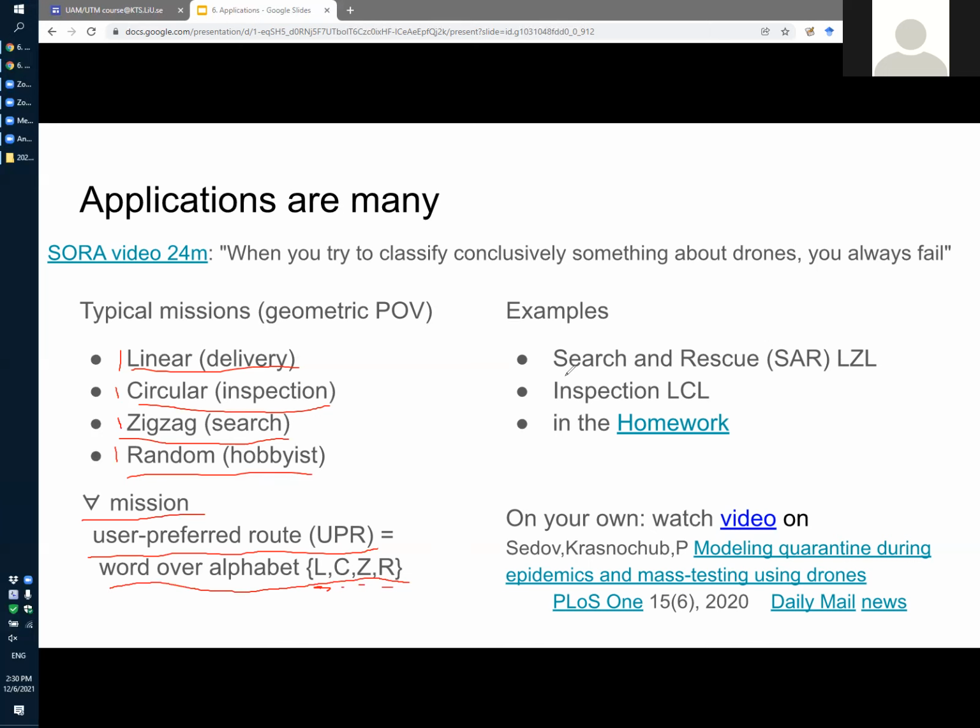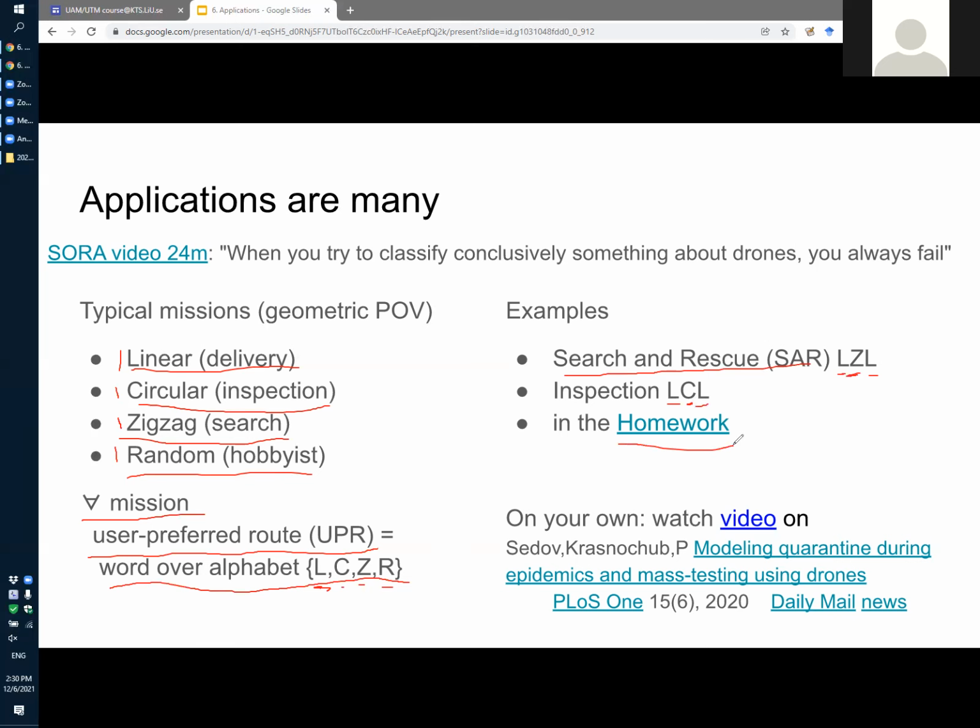For example, if you're doing search and rescue, then probably you fly into the place, then you do the zigzag to cover, and then you fly back. If you're doing inspection, you go into the place, then maybe you do a circular route, if it's a building, and then again go back.